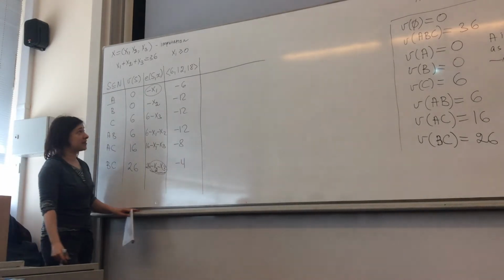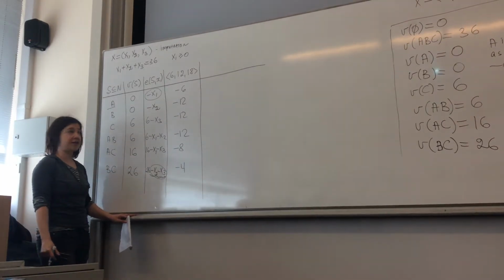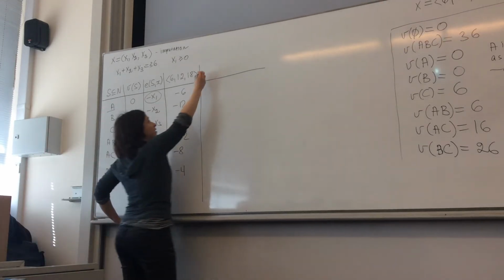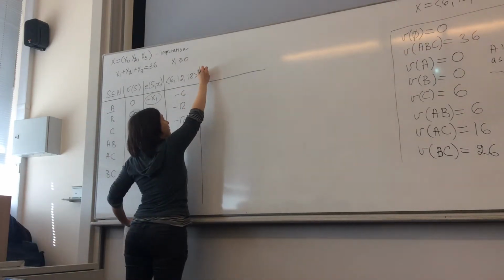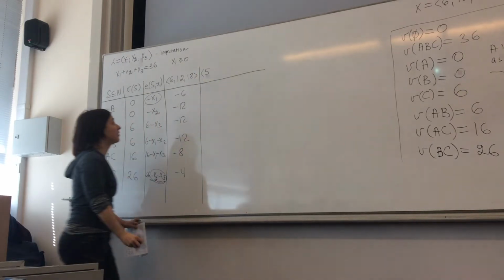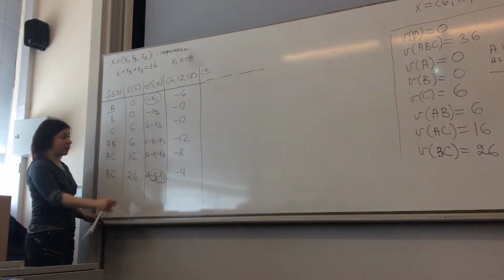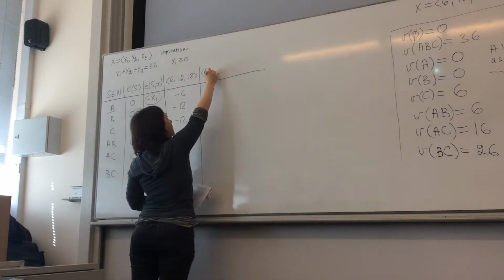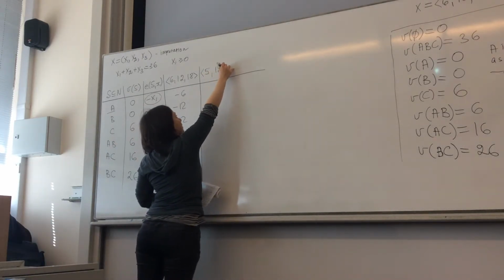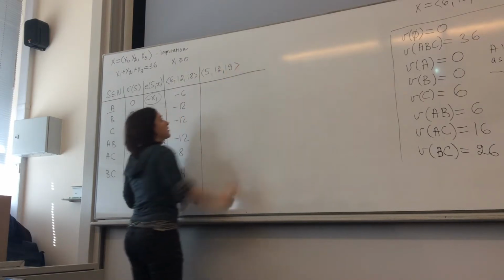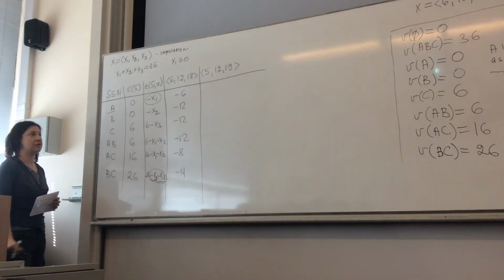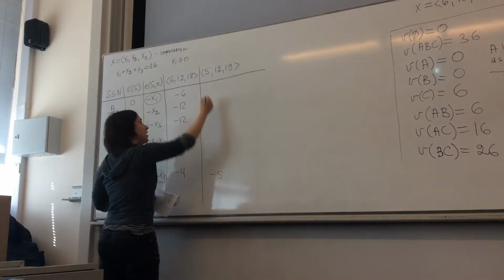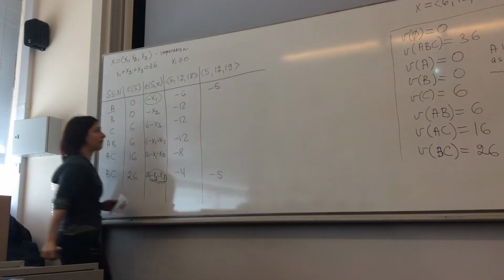So the best thing I can do actually is to pay agent 1, agent A, 5, and increase by 1 x2 or x3. Let's just, for instance, increase x3 and see what happens. So now we will have minus 5 here and minus 5 here.